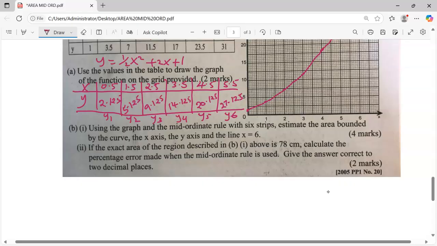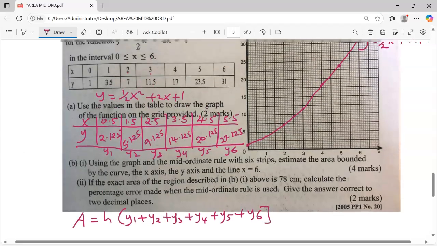And in this case now, the area will be given by taking the height, you multiply by the sum of the ordinates, that is y1 plus y2 plus y3 plus y4 plus y5 plus y6.